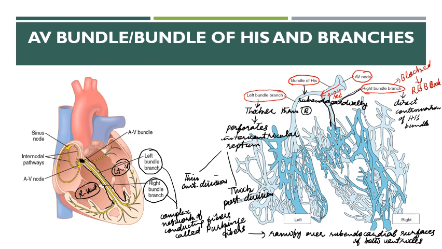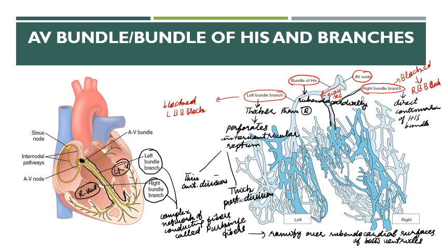If the conduction through the left bundle branch, the main division, is blocked, it is known as left bundle branch block.